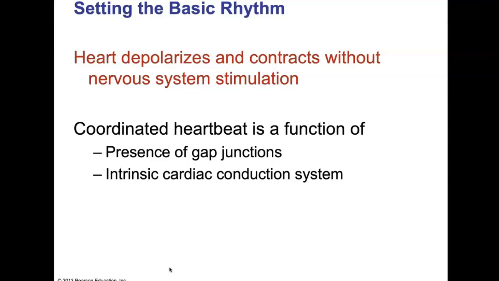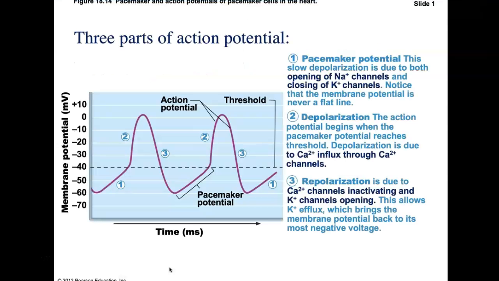Pacemaker cells are part of the intrinsic conduction system. They have an unstable resting potential that continuously depolarizes, drifting slowly toward the threshold. These spontaneously changing membrane potentials are called pacemaker potentials or prepotentials.